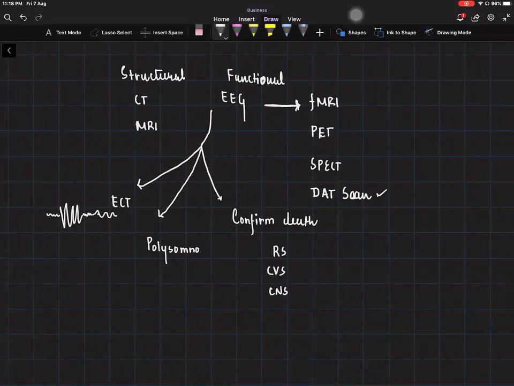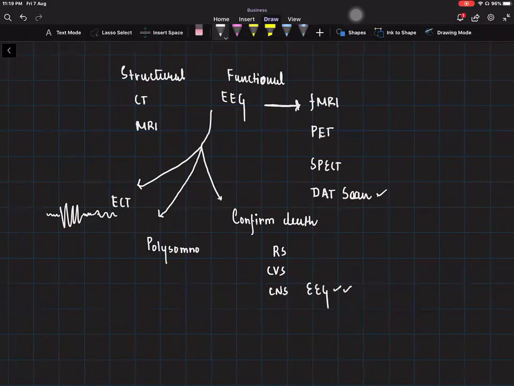Now you have ventilators for the respiratory system, you have artificial pacemakers, and a lot of different tools to make sure that the heart keeps pumping blood. But you don't have a tool to restart the brain. So the EEG is essentially used to confirm death.